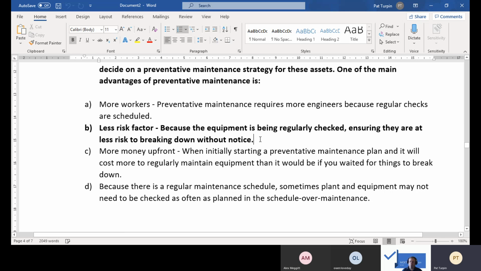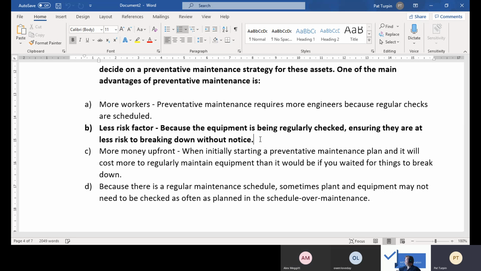When it comes to preventative maintenance, this is where maintenance scheduling comes in. Now, when you think about it, if we are scheduled to go and check on one of Rich's milling machines, we're supposed to go on it every 3 months and give a few checks, make sure everything's in tolerance, make sure everything's happy.